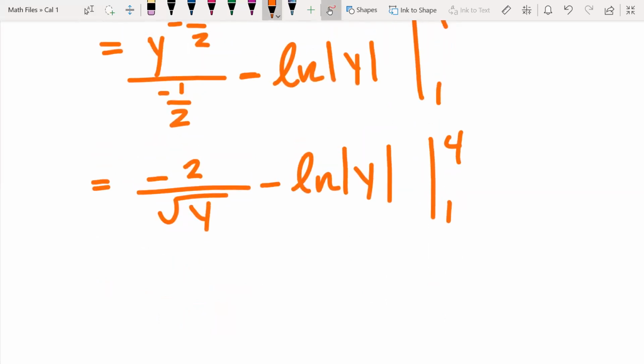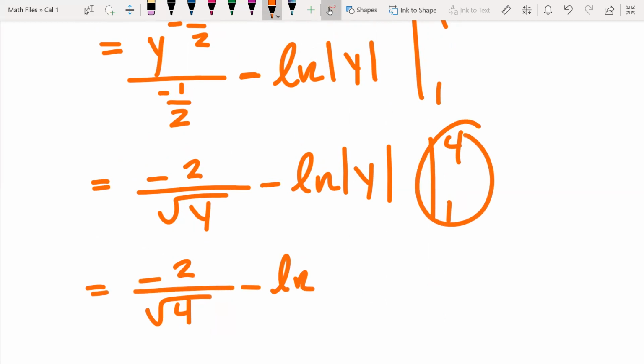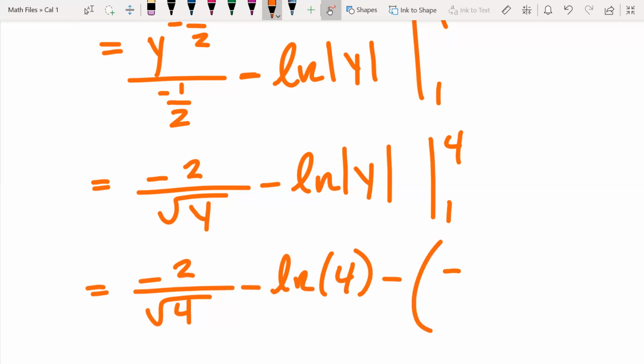Okay. And now let's plug in. Negative 2 over the square root of 4 minus the natural log. And since these both are positive, we can again drop the absolute values. So you'll just get the natural log of 4 minus, in parentheses, negative 2 over the square root of 1 minus the natural log of 1.